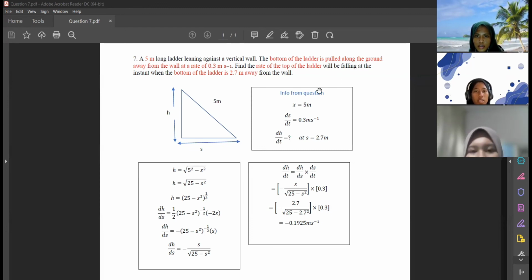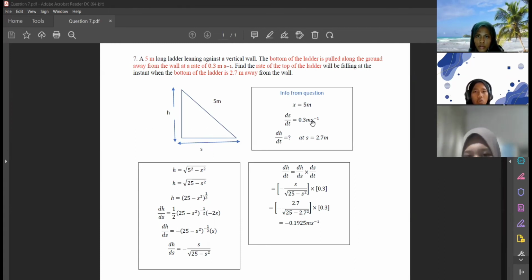So from the question, we get the info that it is a 5-meter ladder, and next, the bottom of the ladder is pulled along the ground at the rate of 0.3 meter per second. So we can conclude it is ds over dt, which is 0.3 meter per second.